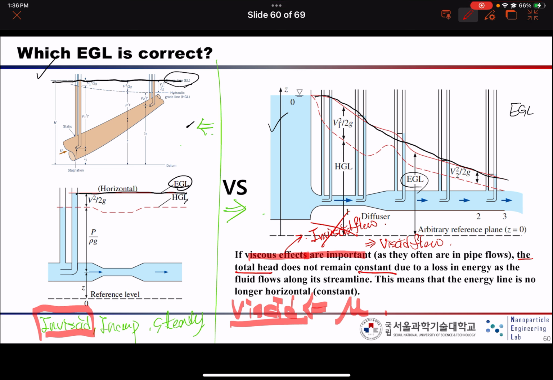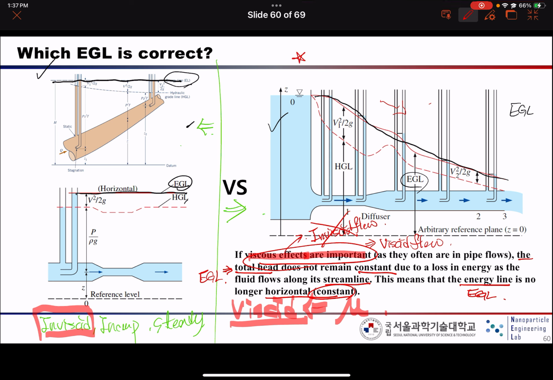Here, total head represents what? The energy gradient line. Due to loss in energy as the fluid flows along its streamline, this means that the energy line, EGL, is no longer horizontal, which means no longer constant. Okay. So in the actual case, the energy gradient line also keeps decreasing because of the viscous effect.